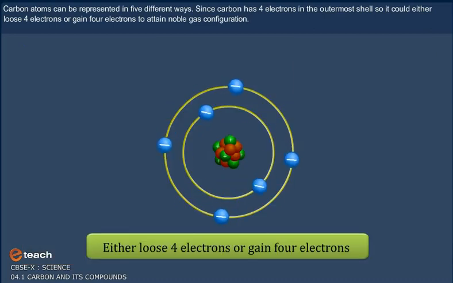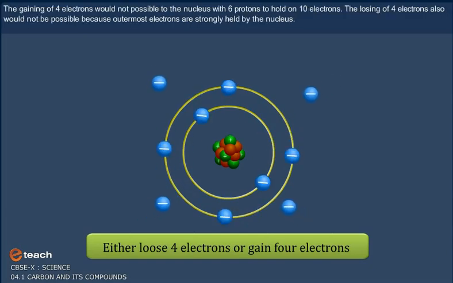Since carbon has 4 electrons in the outermost shell, it could either lose 4 electrons or gain 4 electrons to attain the noble gas configuration. The gaining of 4 electrons would not be possible, as it is difficult for a nucleus with 6 protons to hold on to 10 electrons.